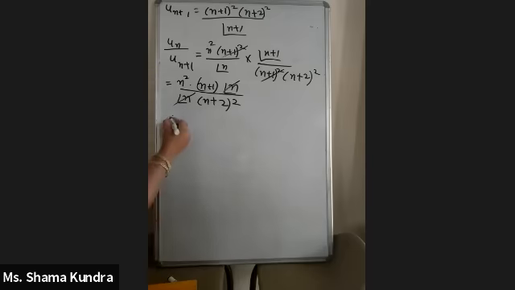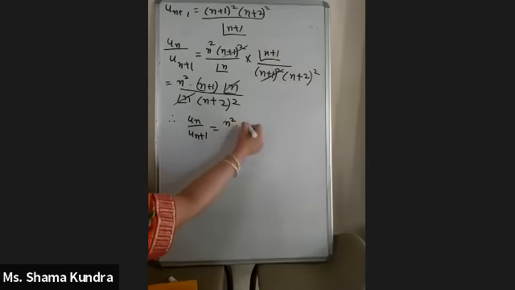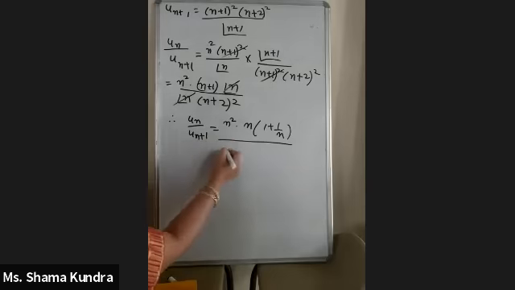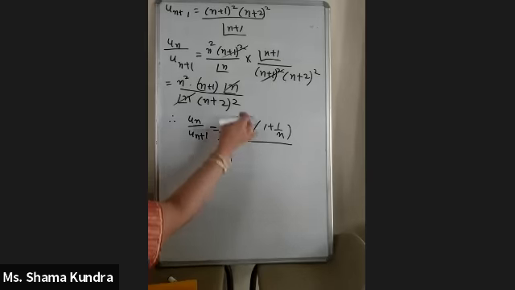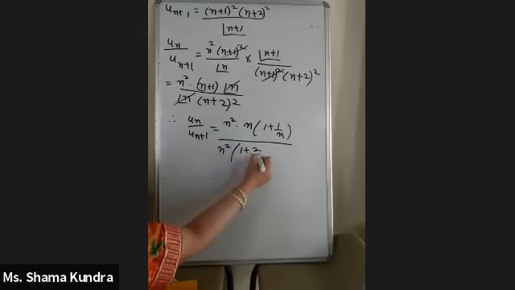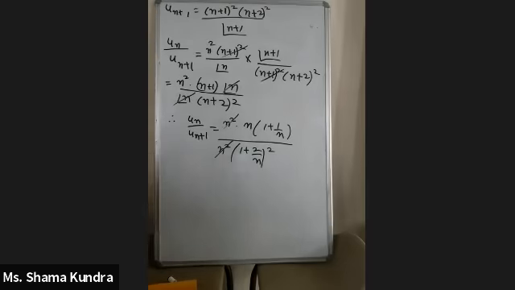Therefore, un over un plus 1 will be n square into, take n common. n square will have power 2, so n square will get cancelled out with n square.